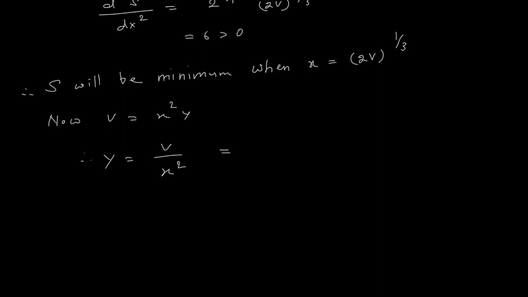Since 2v is x cube, v is x cube upon 2, now whole divided by x square.